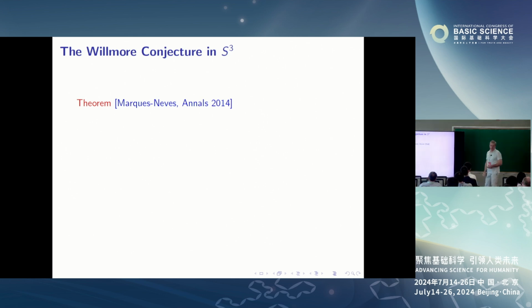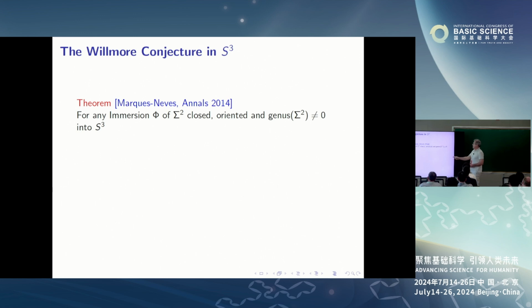And it says the following. Assume your surface is not a sphere. So it's a closed oriented surface, and the genus of the surface is non-zero. Then, that was a conjecture formulated by Willmore in his 1965 paper.